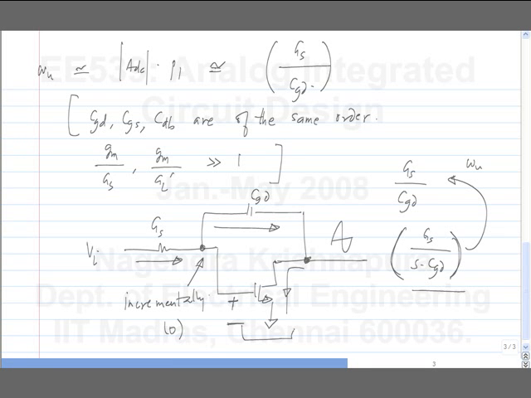All the approximations we made, neglecting GL by GM and GS by GM in comparison to 1, that's what this means, right? That the incremental voltage of the input is very small. So this behaves like a virtual short, and the amplifier behaves like an integrator with a unity gain frequency of GS by CGD. It's only an approximation, but it's a good way to remember what's happening here. Of course, this is true only when CGD is significant. If CGD is very small, obviously it's nothing like an integrator.